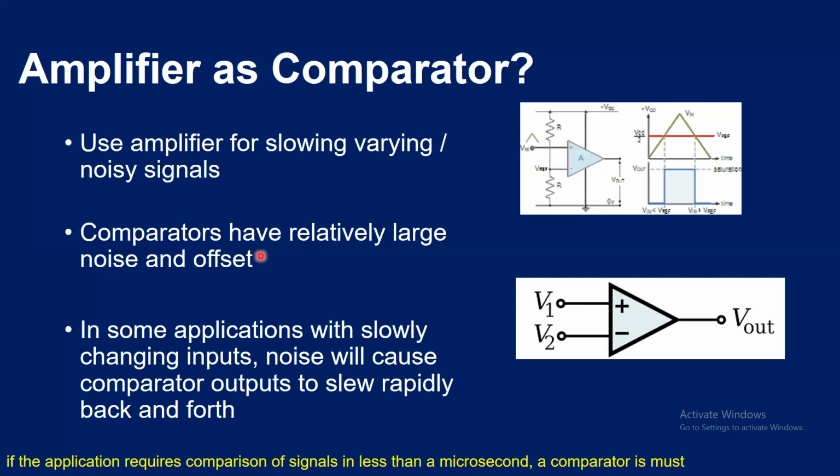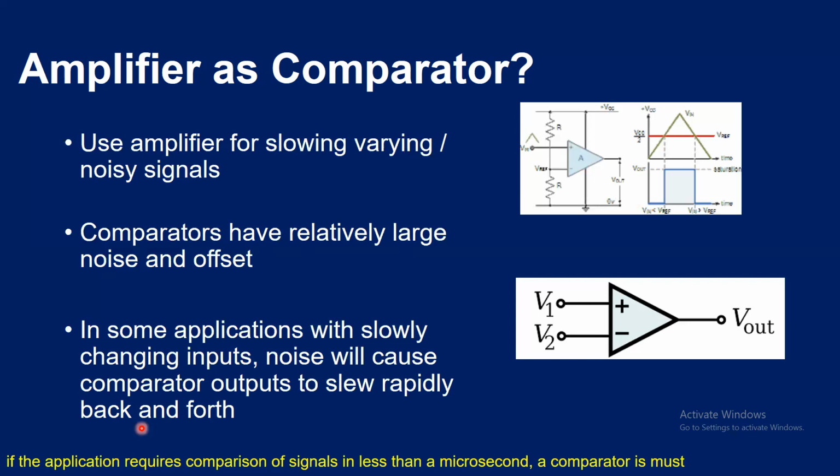Comparators have relatively large noise and offset, and in some applications with slowly changing inputs, noise will cause the comparator output to slew rapidly back and forth. If you use a comparator for DC applications or low frequency input signals, noise can cause a problem because your output will slew between the high and low levels. In that case, an amplifier is a good option.